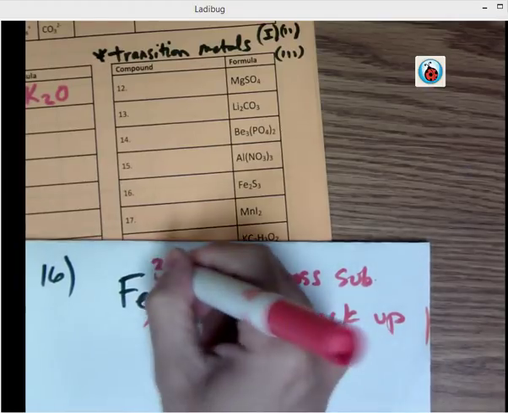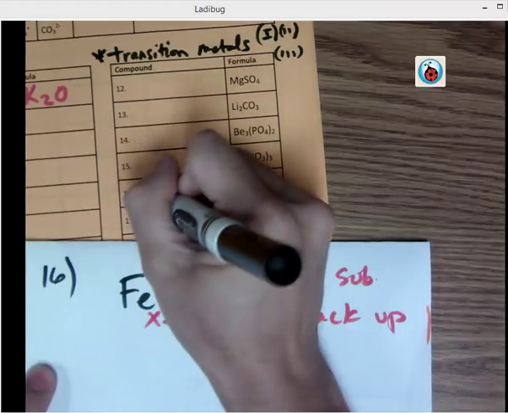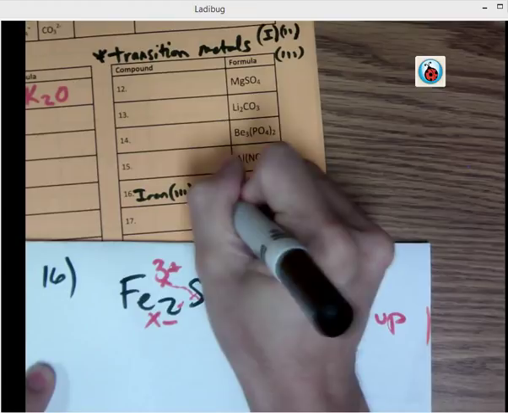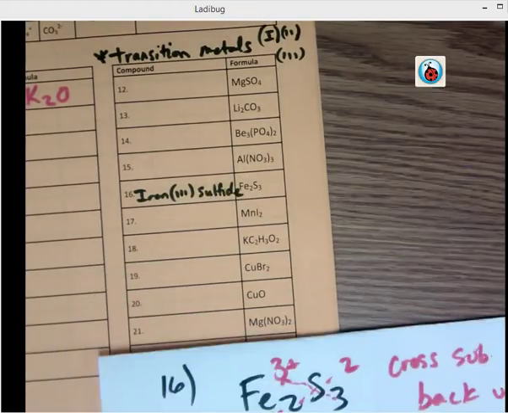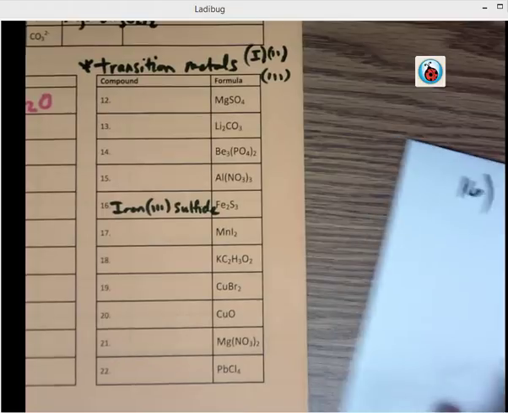So this iron is plus 3. So you write iron 3, and sulfur becomes sulfide. If it's an element, you change the ending: sulfide. Cool. So you should be able to do all this on your own now.